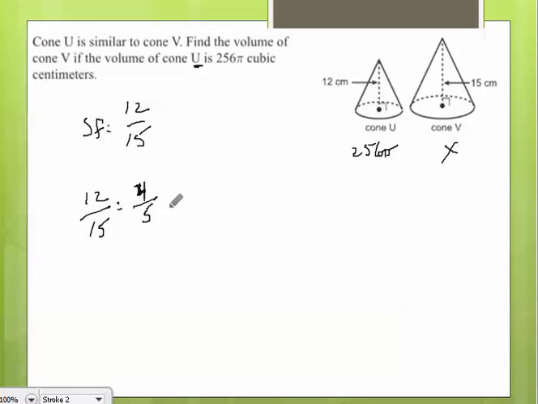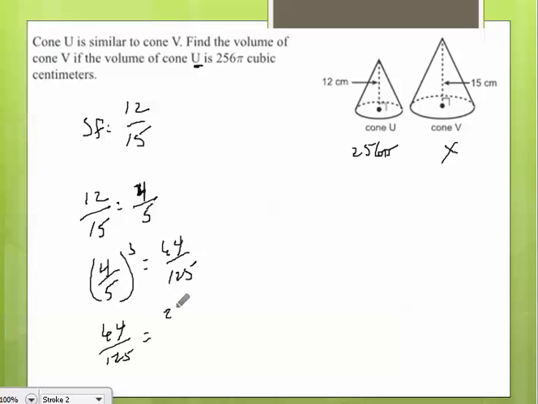Now I'm going to cube that. So I'm going to say 4/5 to the third power is equal to 64/125. And then I can set up a proportion. 64/125 equals my smaller one, 256 pi, divided by x. We don't know what x is.